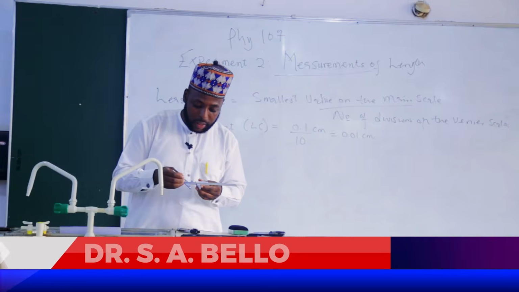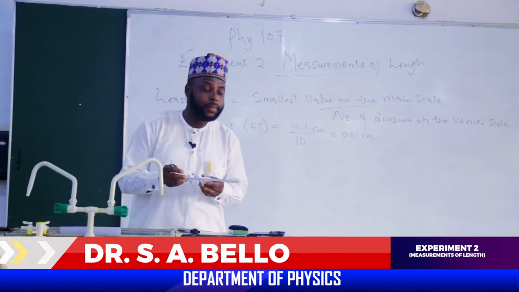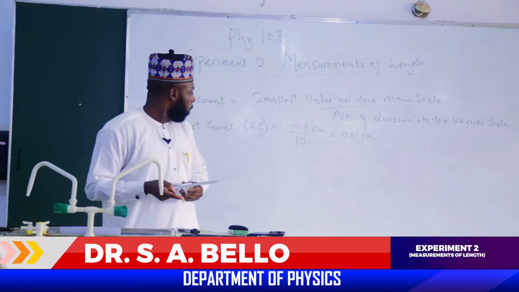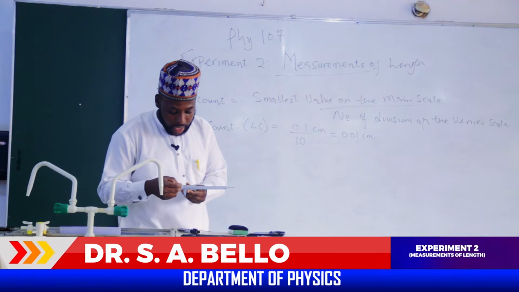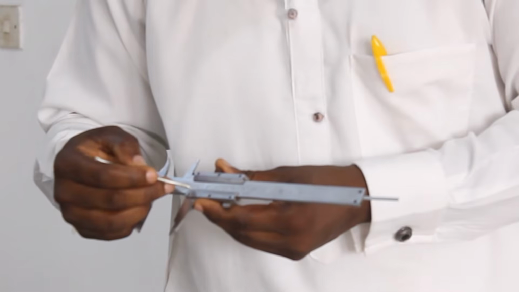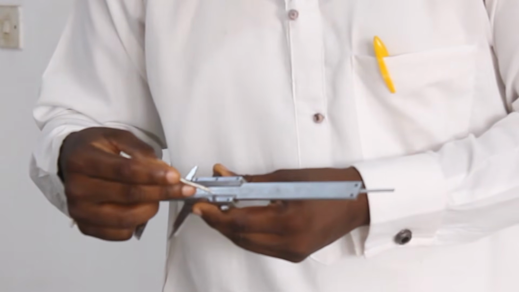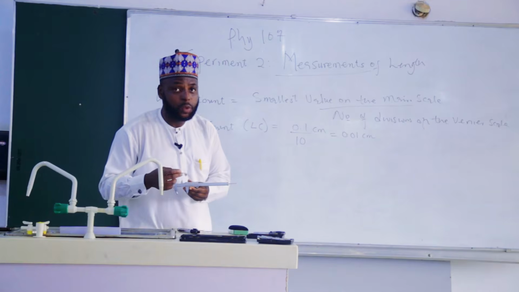If you look at this again, the smallest division on the main scale is 0.1, which is what we have here. But the number of divisions on this scale is not 10, rather it is 20 lines. If you begin to count, we have 1, 2, 3, up to 20. We have 20 lines.